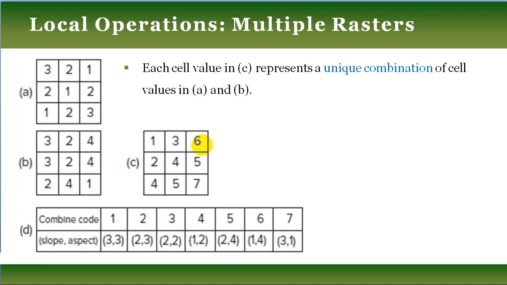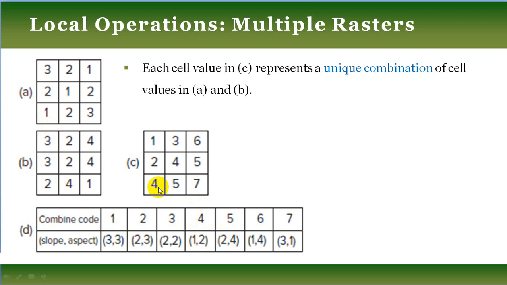In this way you see in the output raster both cells have the value 4. Why? Because the 1 2 combination is 4. Again here 1 2. So the same combination, and the same unique code 4 is assigned.